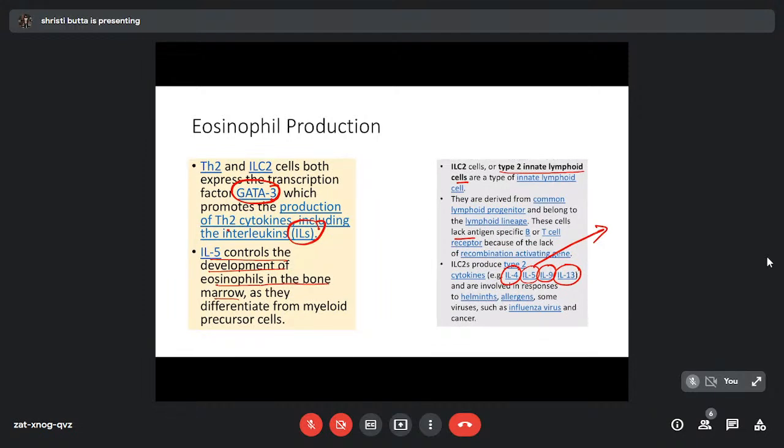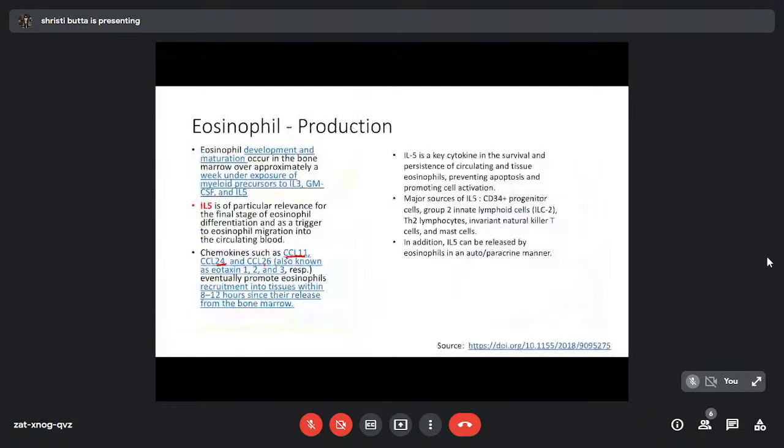Eosinophil development and maturation occurs in the bone marrow over approximately a week under exposure to interleukin 3, GM-CSF, and especially interleukin 5. Chemokines like CCL11, 24, and 26 are very important because they eventually promote eosinophil recruitment into the tissues within 8 to 12 hours since their release from the bone marrow.